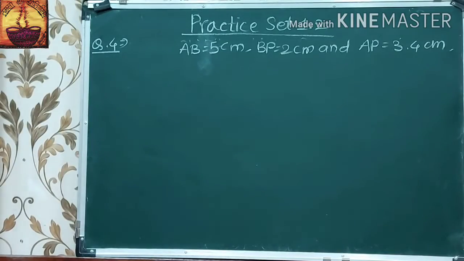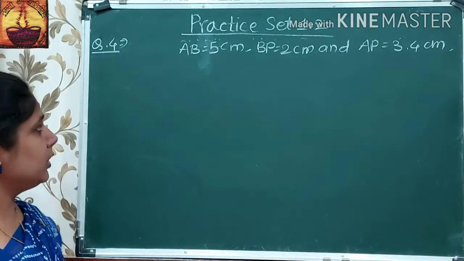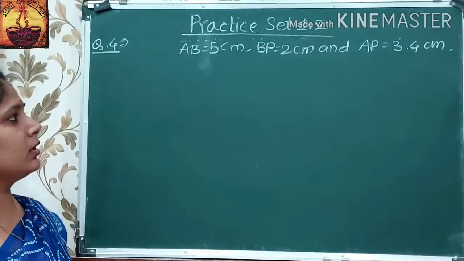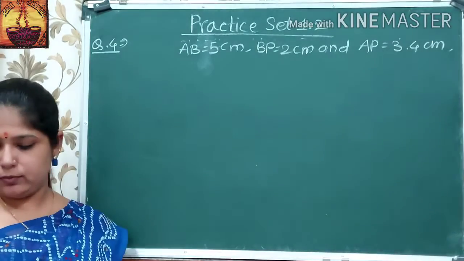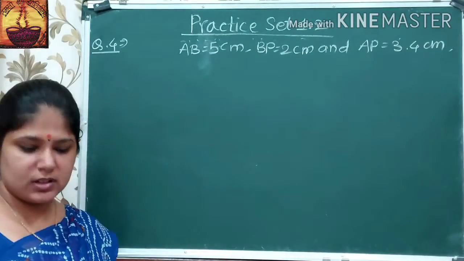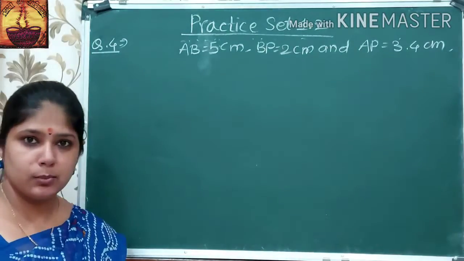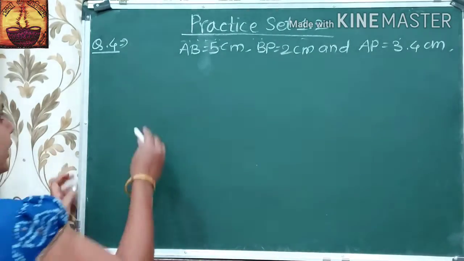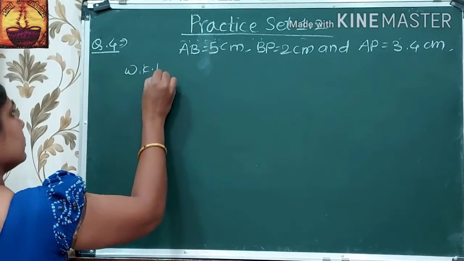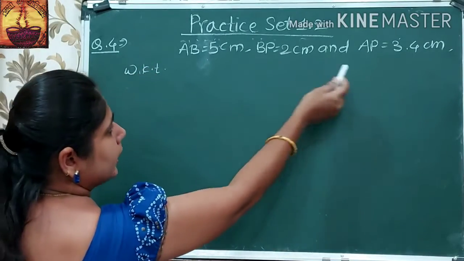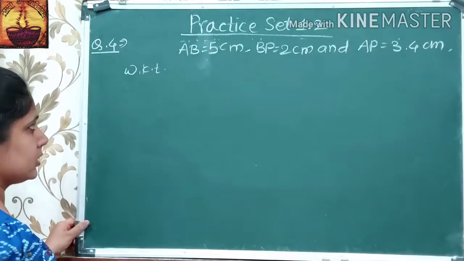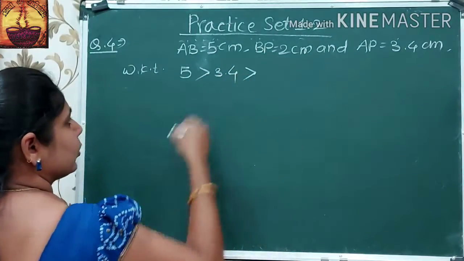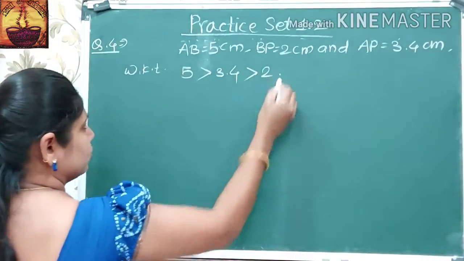Now question 4 is, if AB is equal to 5 cm, BP is equal to 2 cm and AP is equal to 3.4 cm, then compare the segments. As we compare the numbers, here also comparing the segments. We know that out of the numbers 5, 2 and 3.4, 5 is greater than 3.4 and 3.4 is greater than 2.